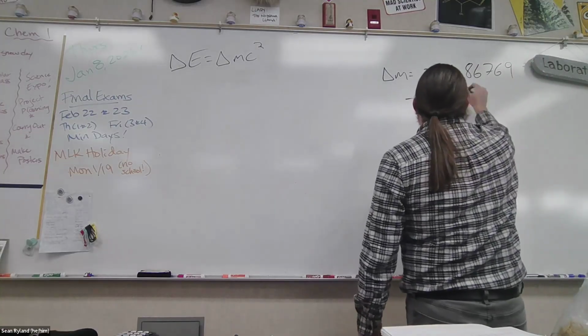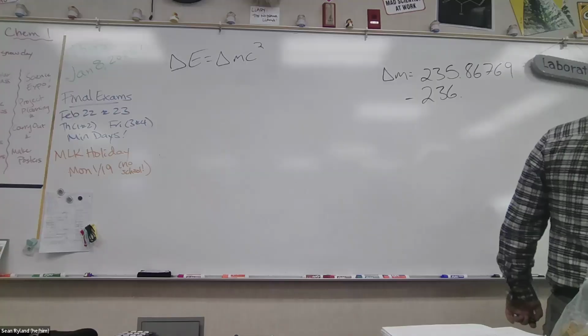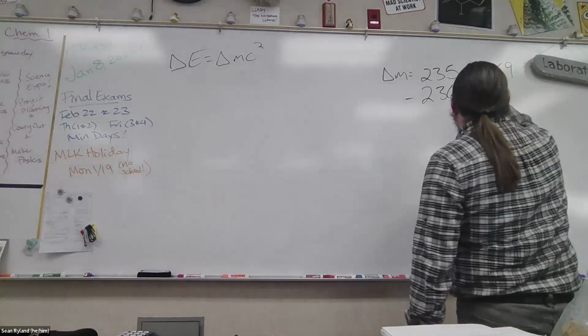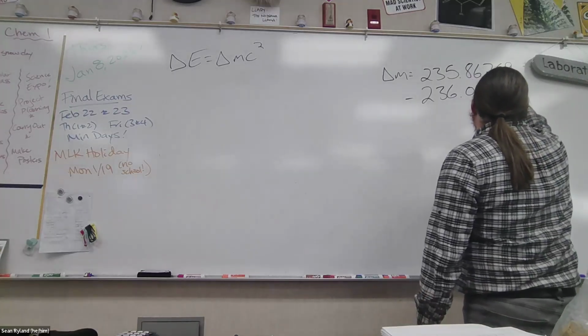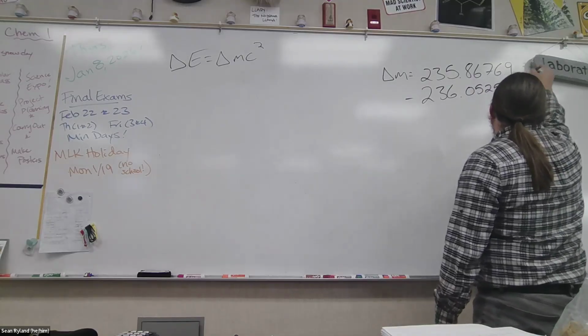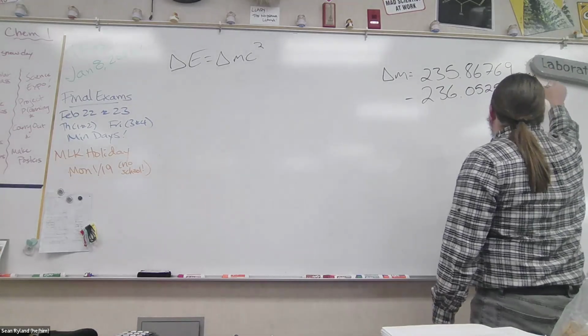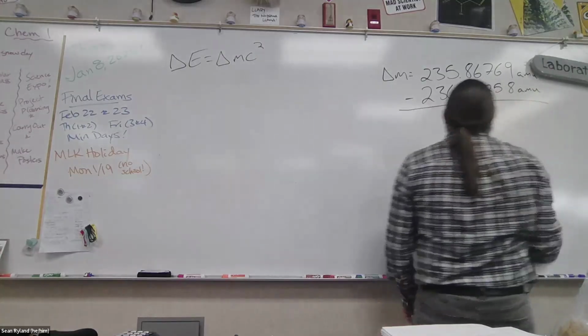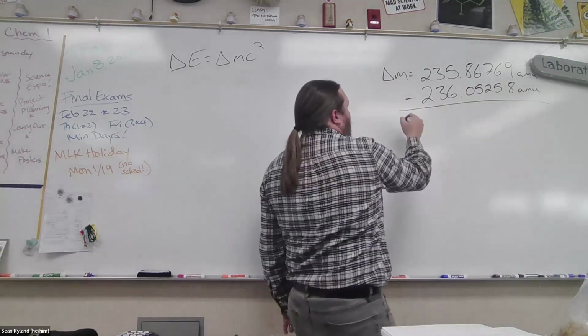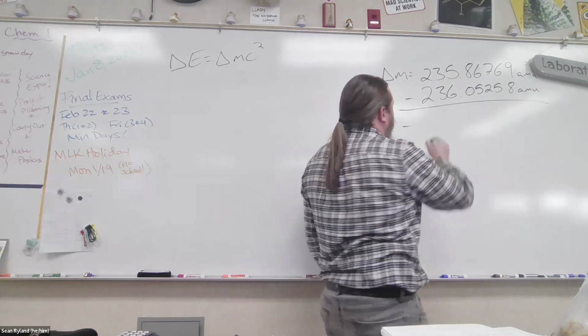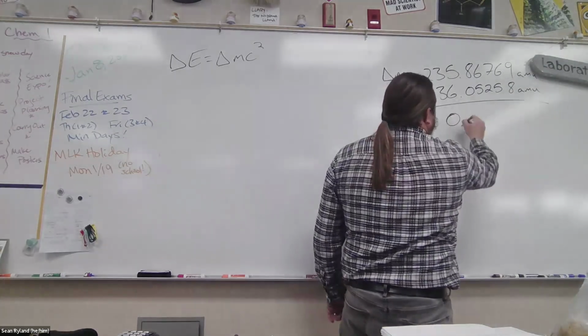Minus 236.05258. We're going to get negative 0.215.